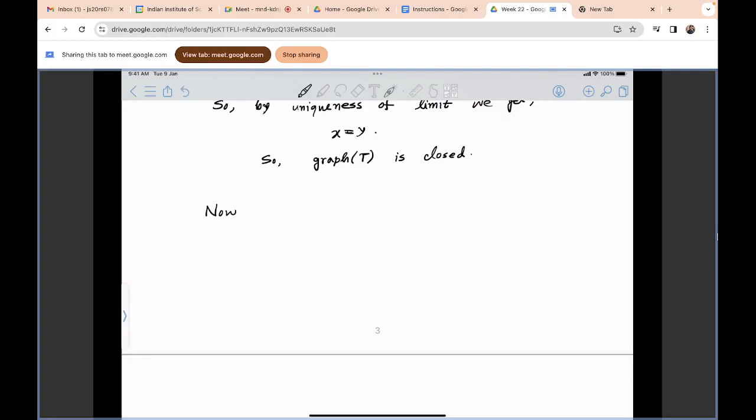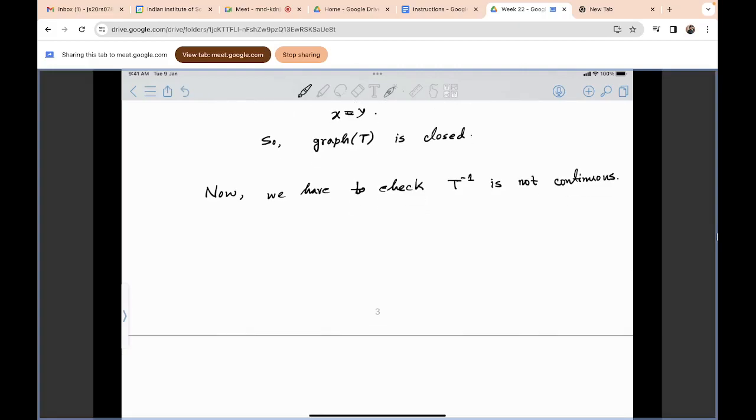Now we have to check that T inverse is not continuous. So we will prove this by contradiction.